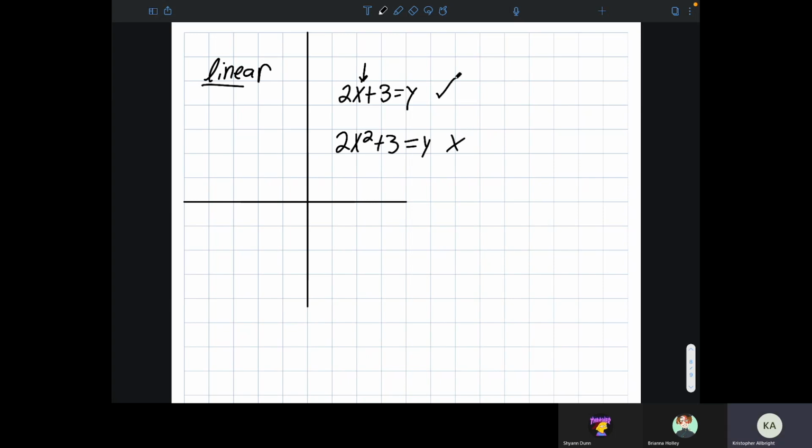But this is linear. If we have 2 square root of x plus 3 equals y, not linear, linear. So we're looking for x normally what you're used to seeing. If you see anything strange being done to x at any point, then it is a quadratic function.